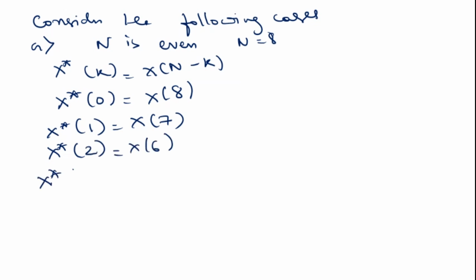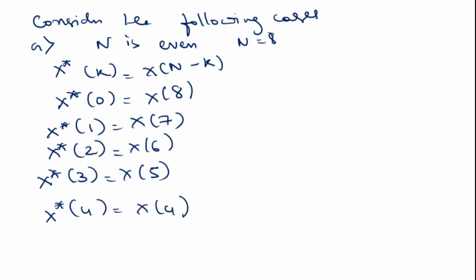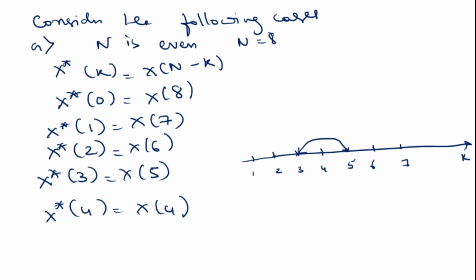X star of 3 is equal to x of 5. X star of 4 is equal to x of 4. So we can write, for k equal to 1, 2, 3, 4, 5, 6 and 7, the conjugate of this. Already we have found the same thing, we are going to plot here.